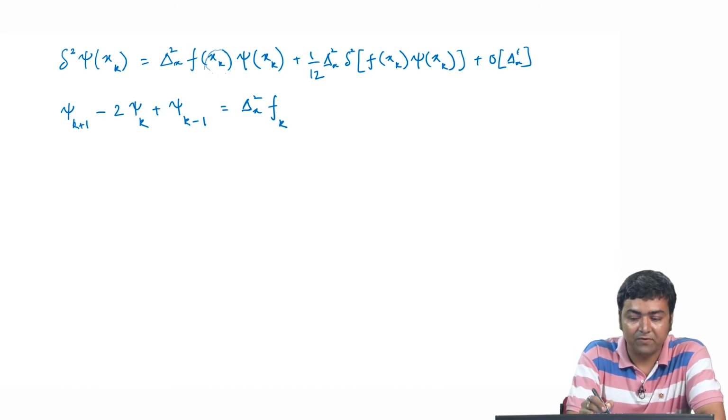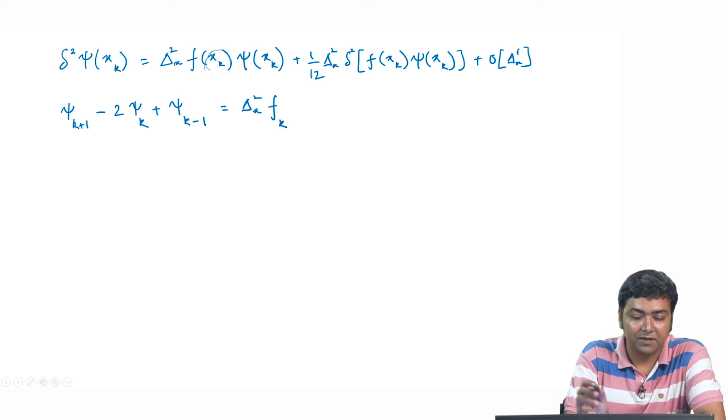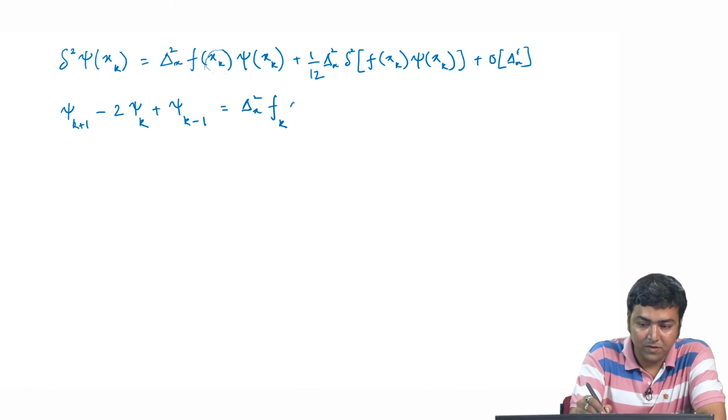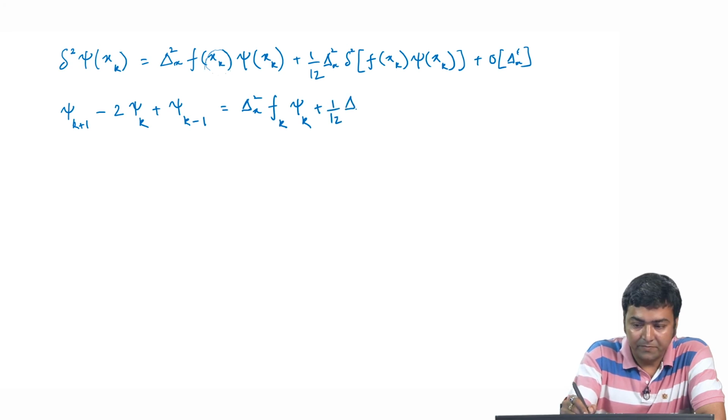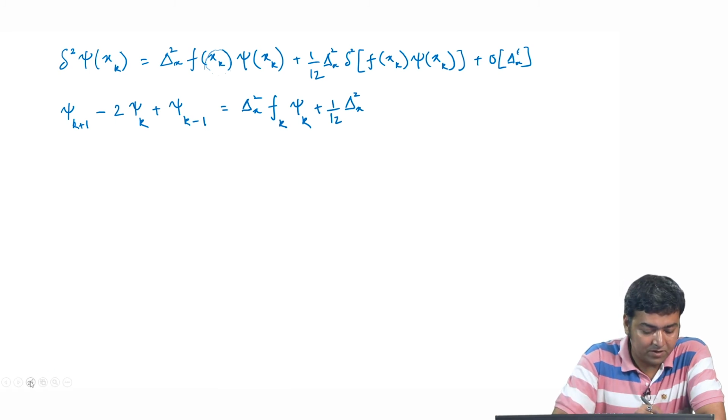When I write f with suffix k, it means f is a function of x_k at the kth point of my grid.